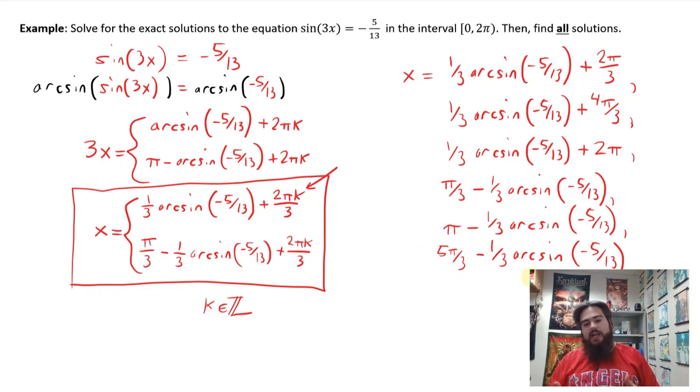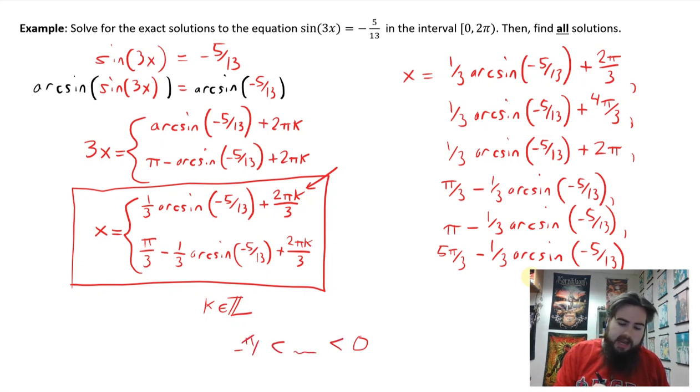I know that arc sine of negative 5 over 13 was already between negative pi halves and 0 when I took 1/3 of that, since I knew that it was between negative pi halves and 0. When I took 1/3 of it, that now means it fits between negative pi sixths and 0.